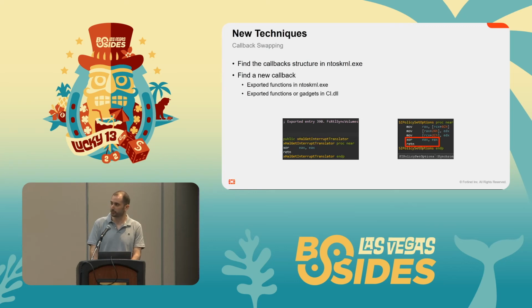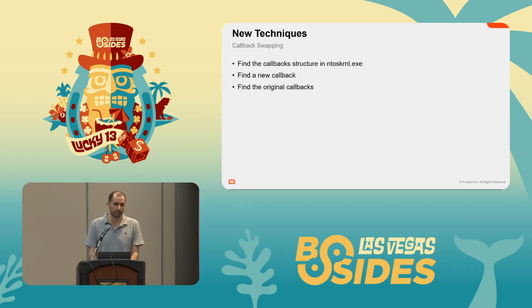The benefit is that the writes we need to do to the kernel will be smaller, because the addresses are not as far apart once we look in the DLL itself. The hardest part here is finding the original callbacks.